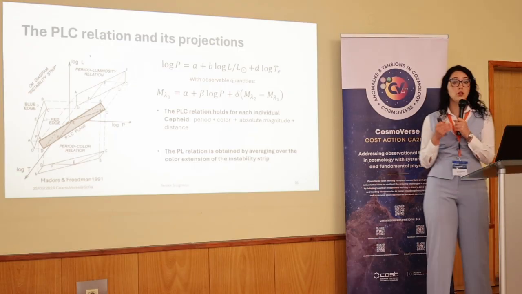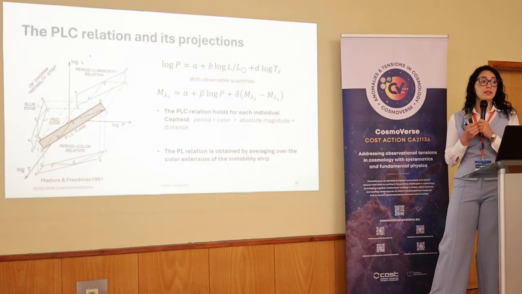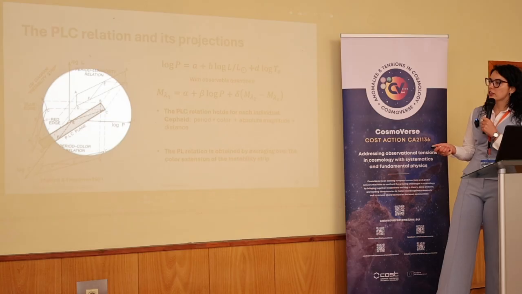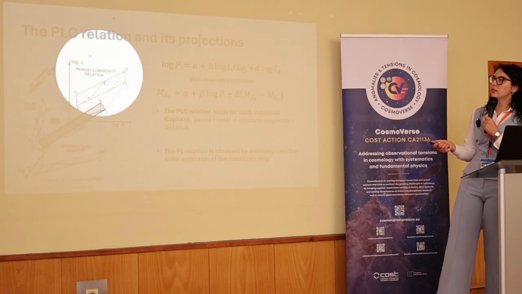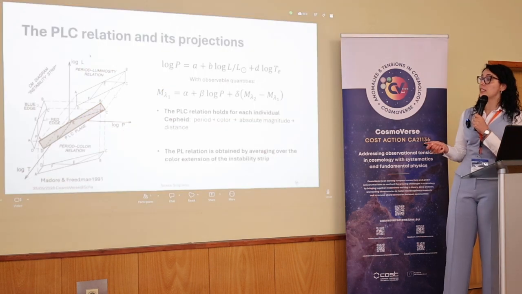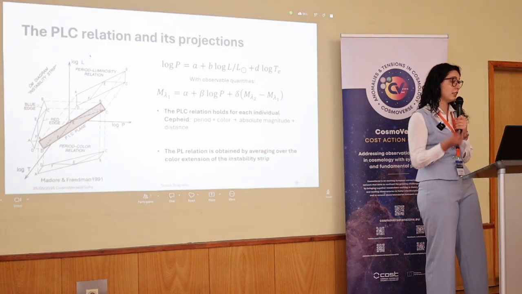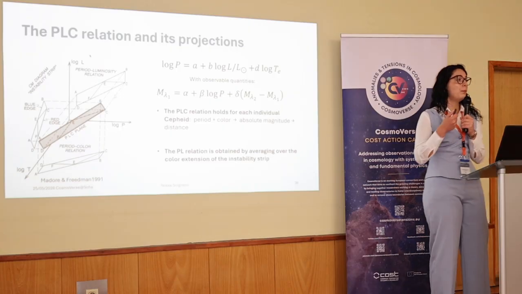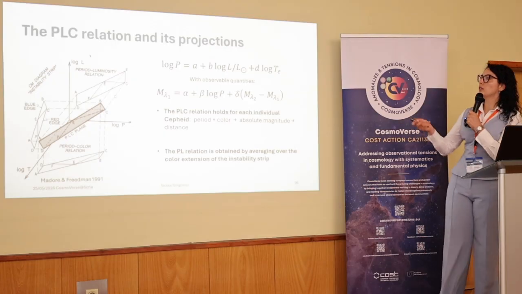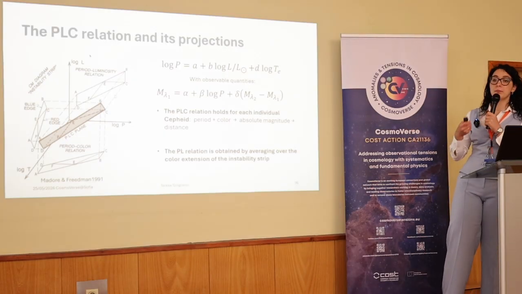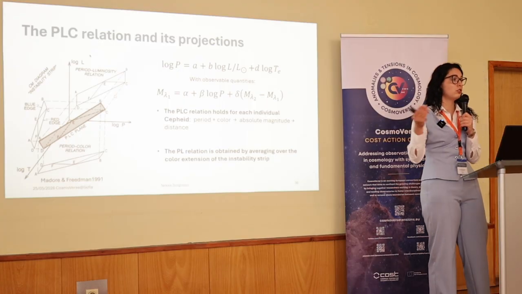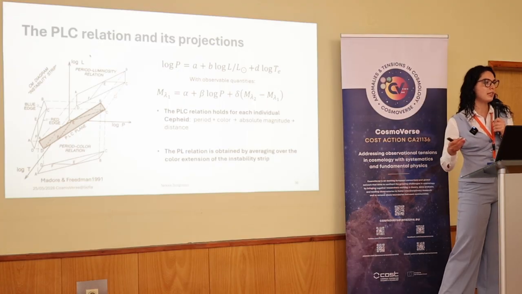But the problem of the period luminosity relation is that it is a projection of this plane on the period luminosity plane. This means that it is a statistical relation, and we need to populate this plane in order to have the best period luminosity relation, because, as Luis showed this morning, we want to populate it as much as possible.